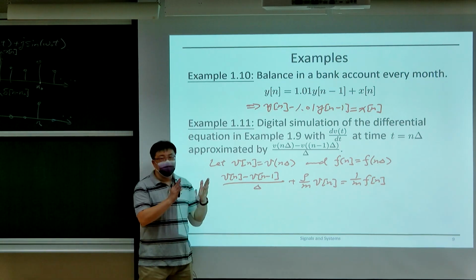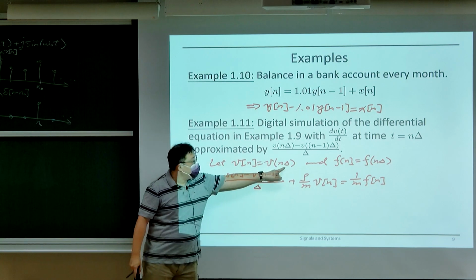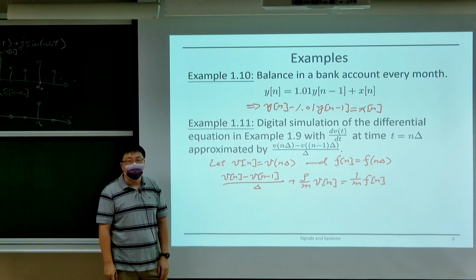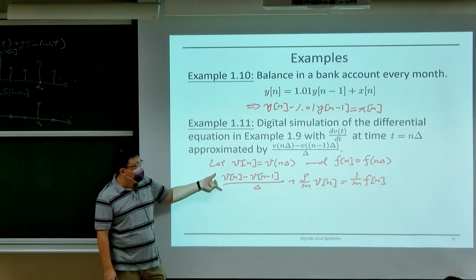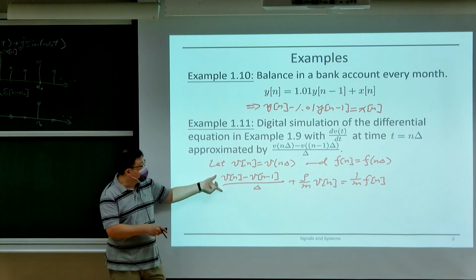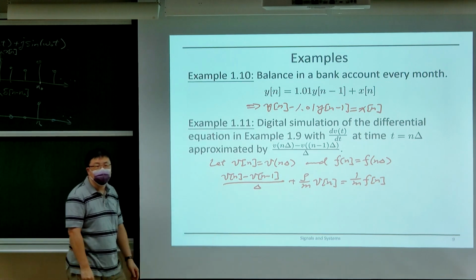So if you sample the continuous time system at integer multiples of delta, this is an equivalent expression of the relation between the discrete time input and the discrete time output.